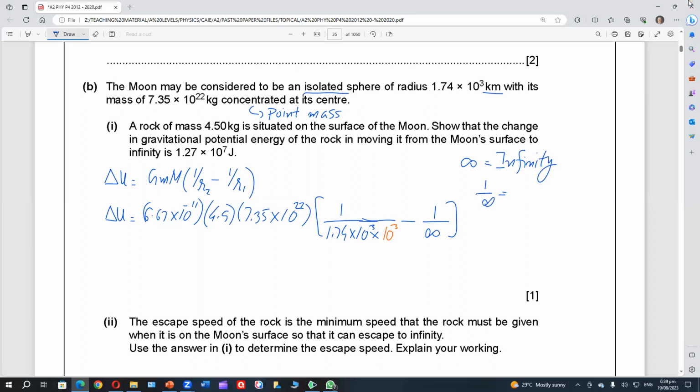And remember, 1 upon infinity is equal to 0. So now solve this big line of data. This is a question related to show. So the answer is given, but we have to prove it.